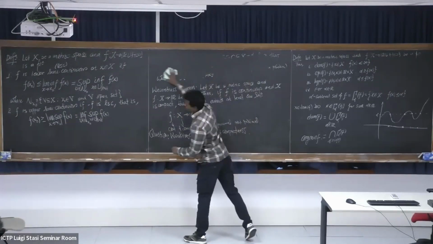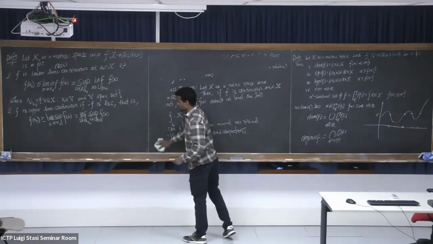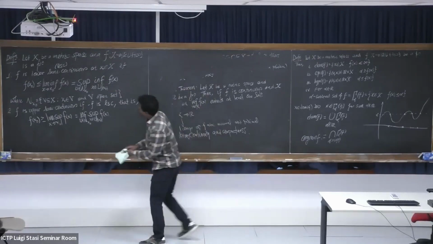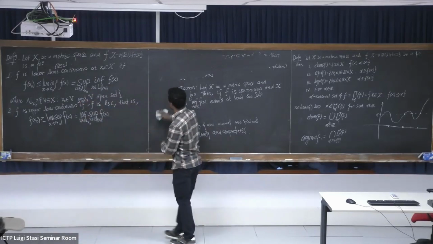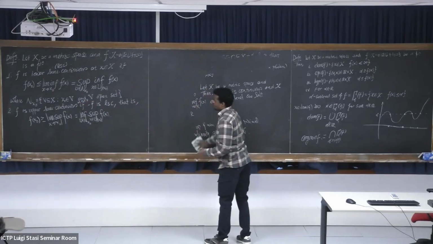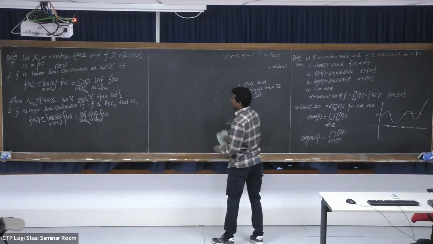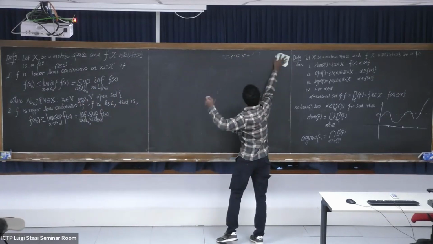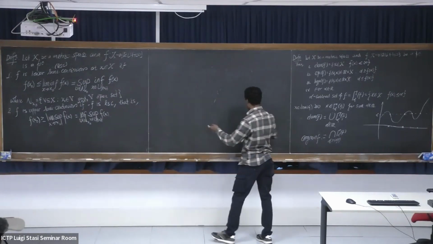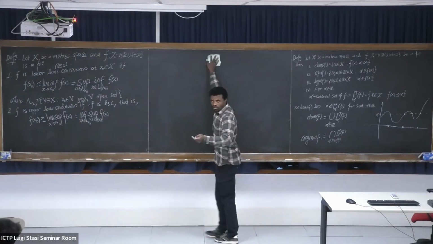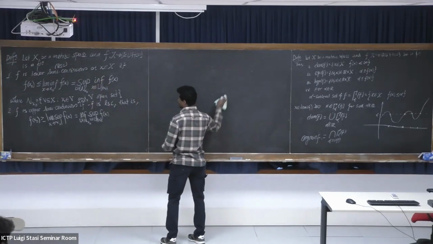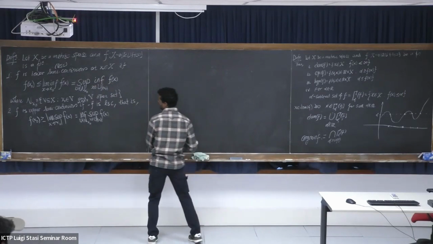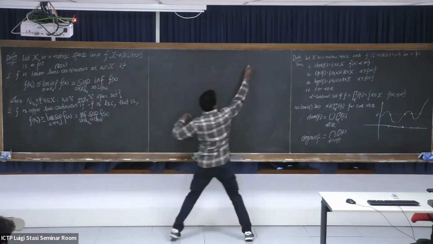So F is continuous if F is upper semicontinuous and lower semicontinuous at X naught in X. So this continuity, upper semicontinuity, and also lower semicontinuity, are conditions. A simple example is this one.